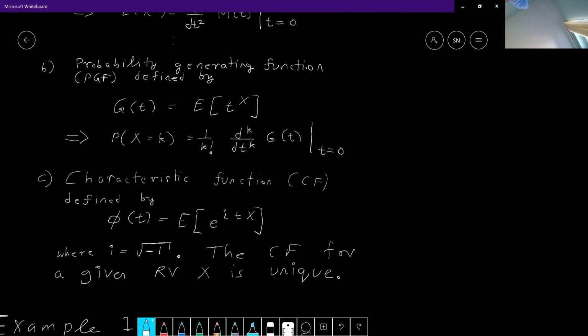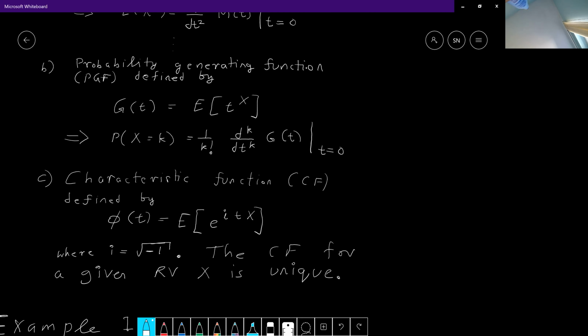It's defined by this here, where i is the complex number. The thing about the characteristic function is that it uniquely determines the distribution corresponding to it. So for every distribution, there is only one characteristic function, and for every characteristic function, there is only one corresponding distribution. So there's a unique correspondence.